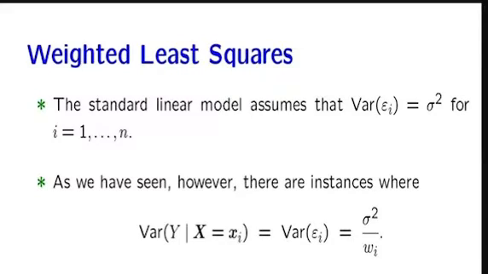But if you look at the weight and the variance, they are inversely related. So in a situation where we don't have equal weights anymore, the variance of y given x, which equals the variance of the error, will no longer be sigma squared, but sigma squared over wi, where wi is the weight.